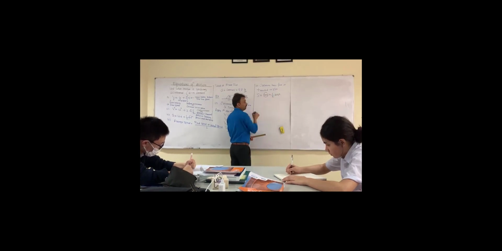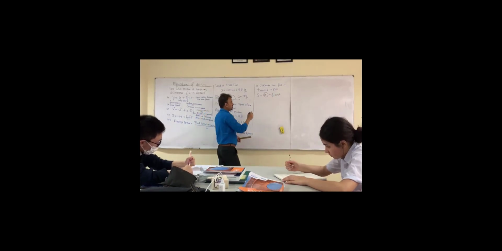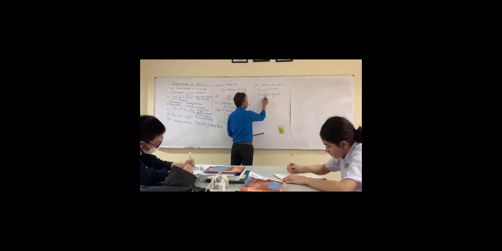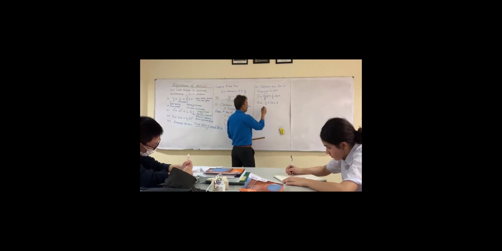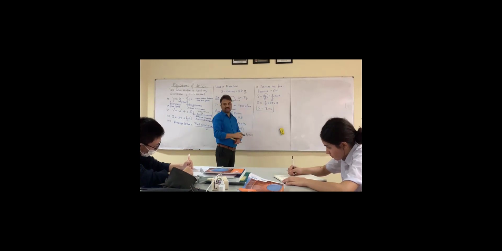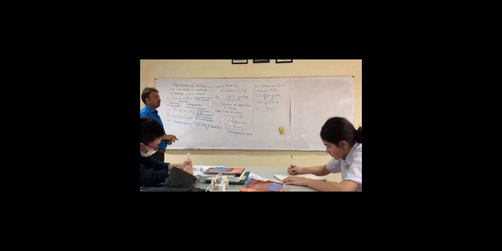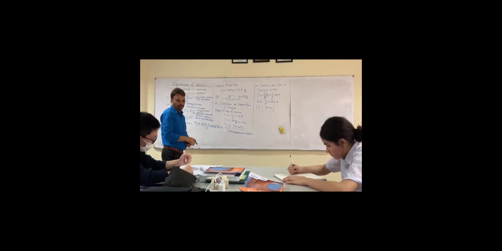Again, this term is 0, right? Because the object starts from the initial point where the speed was 0. So the distance traveled will be equal to half, acceleration is 18, T means 3 square 9. So S is equal to 81 meter. So the distance traveled in 3 seconds is 81 meter.